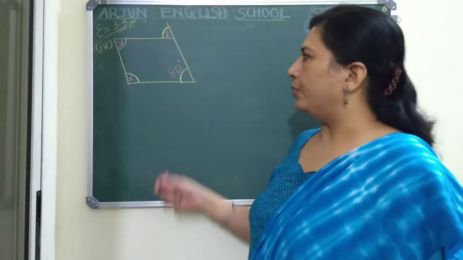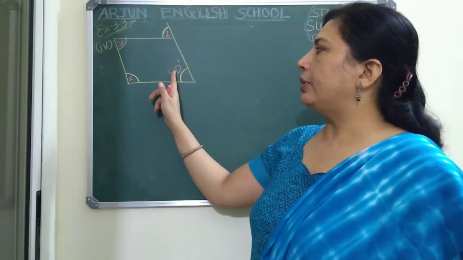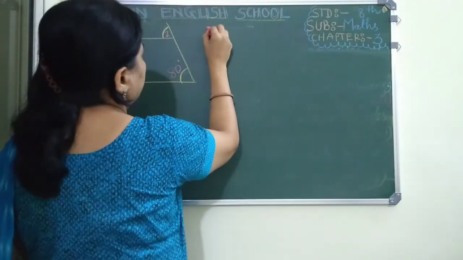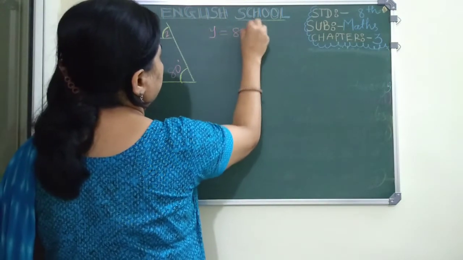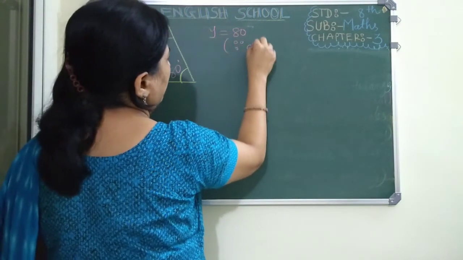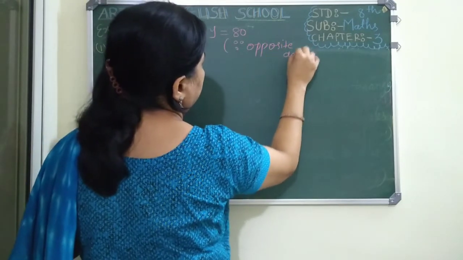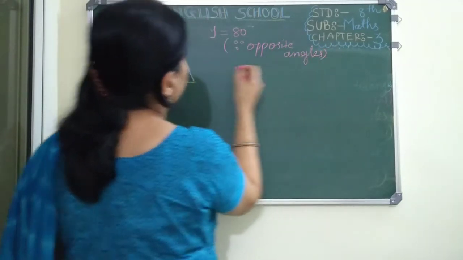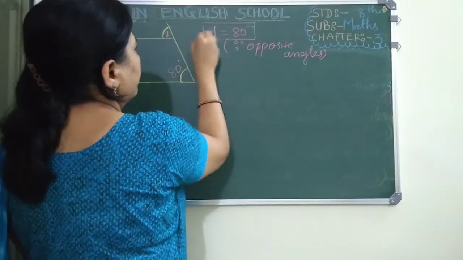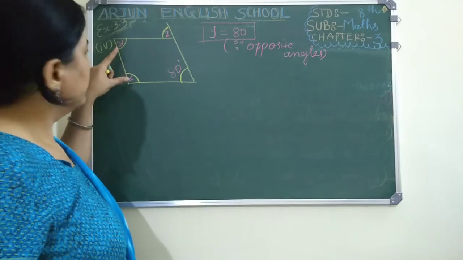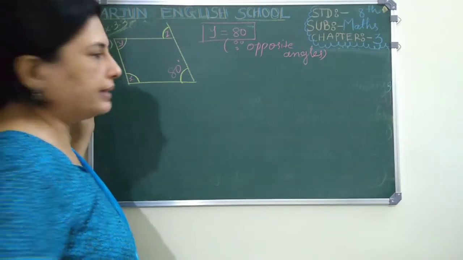In question number 4, y is equal to 80 because of opposite angles. So let us write y is equal to 80. In brackets I will write opposite angles. Now if y is equal to 80, then x and y are supplementary angles as they are adjacent angles.